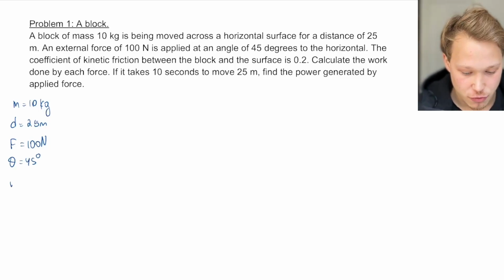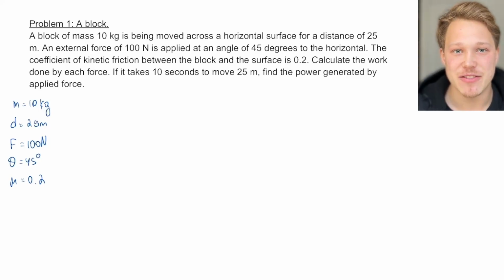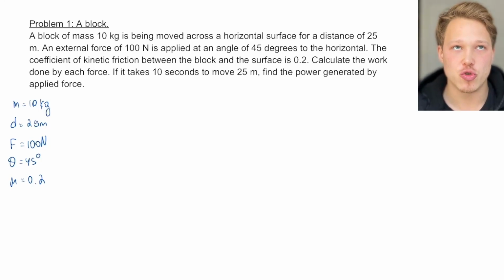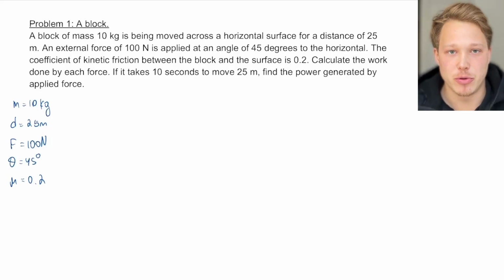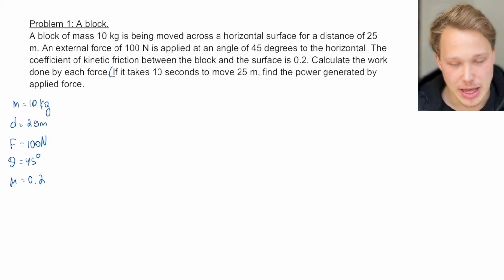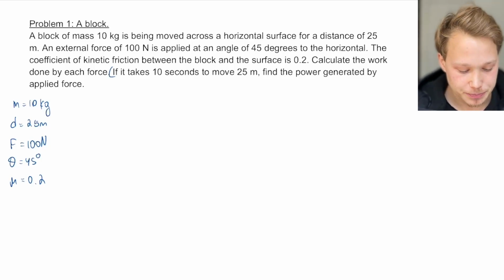The coefficient of friction between the block and the surface is 0.2. We need to calculate the work done by each force. So this kind of comprehensive example will introduce us to what could be the work done by each kind of force. It's a really good example to introduce you to this concept. Then for the second part, once we calculate the work, we'll calculate the power.